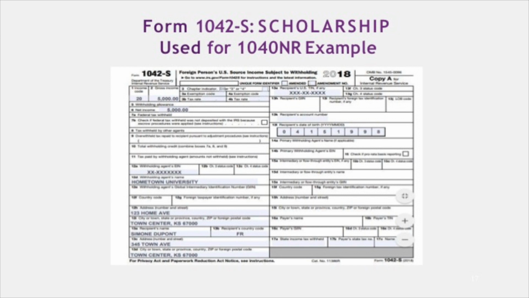In box one is income code 20, which means income. In this case, it shows the amount of $5,000. And if we look at our example from France, where they would have a $5,000 treaty exclusion, that's what this form is showing, that $5,000 of income excluded by treaty and not shown on the tax return, or not included as income, I should say.